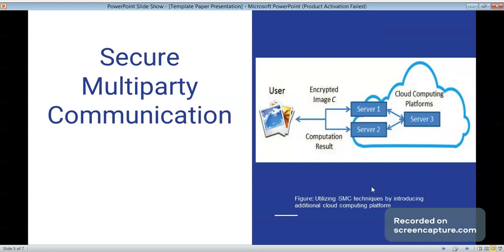So if someone tries to steal our data, they have to attack both servers. It's very improbable to access both servers and align all the computation components in the right way. It's very difficult for the attacker, because it gives us extra leverage and extra privacy during the image processing task over the cloud.